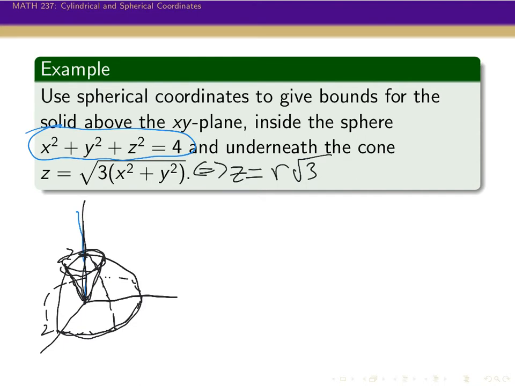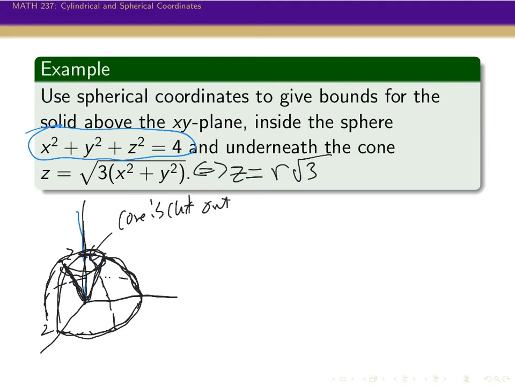Okay, and so our solid looks a bit like this. Think about it as a ball with a cone cut out from the top. So it's the top half of a ball. This cone part is cut out.